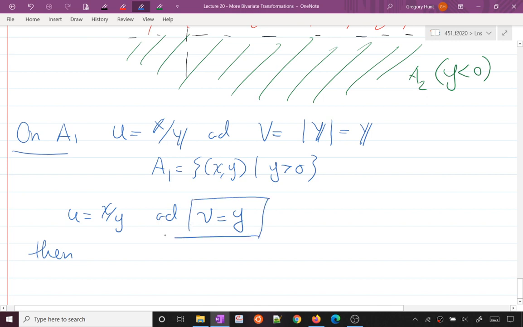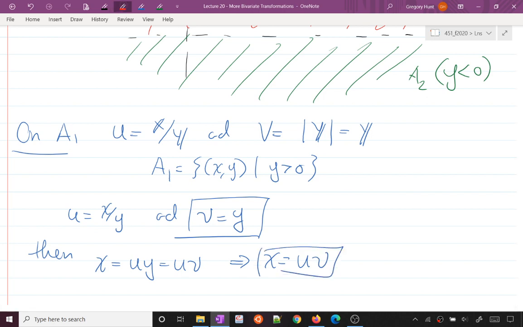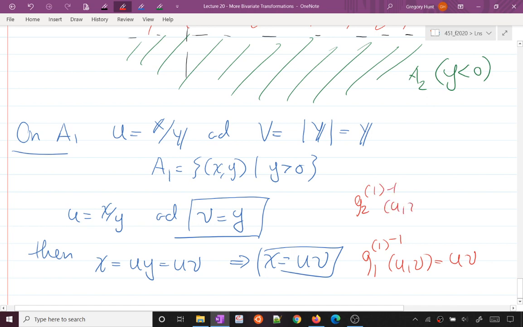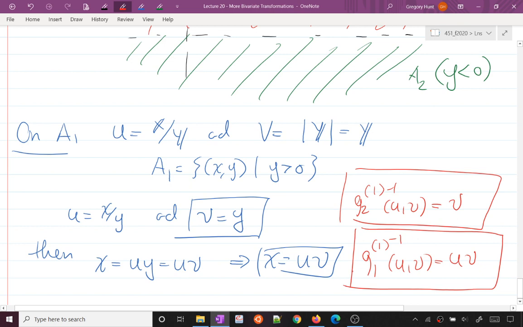Clearly, y is v, and to solve back for x in terms of u and v, I can say that x is uy, which is uv, so x is uv. This gives me my inverse functions: g1 on chunk 1 inverse of (u,v) is just uv, and g2 on chunk 1 inverse of (u,v) is just v. The notation is not the greatest, but that's what it is.